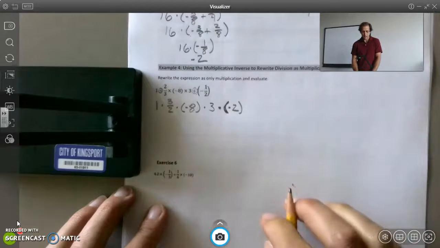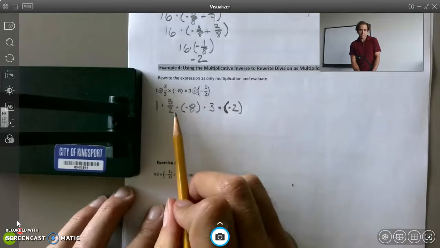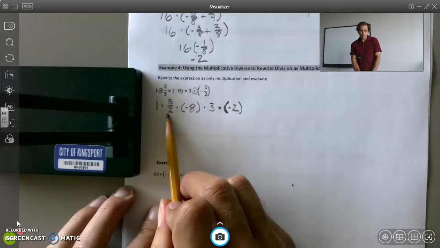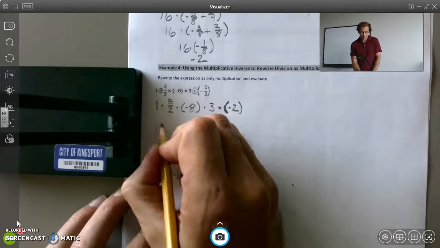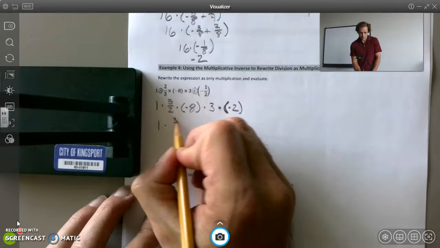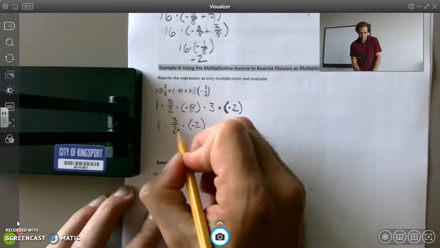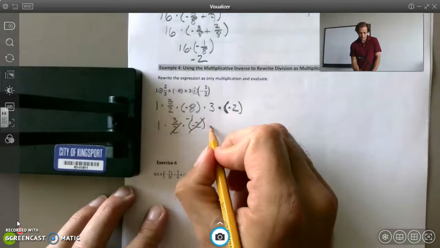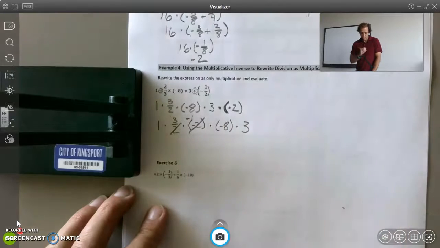And now I can just look for something that would easily cancel out. What number is easily going to multiply with 3/2 to eliminate this 2 in the denominator? Any even number would work, but you know what would work really nice? 2. 2 would work really nice because they cancel. And that becomes negative 1 times negative 8 times 3.